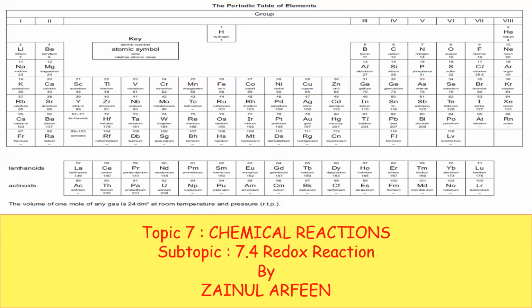So the main topic is chemical reactions and the subtopic is redox. As we have already discussed the concept of the redox reaction, the reaction in which both oxidation and reduction take place at the same time, we call them redox reactions.